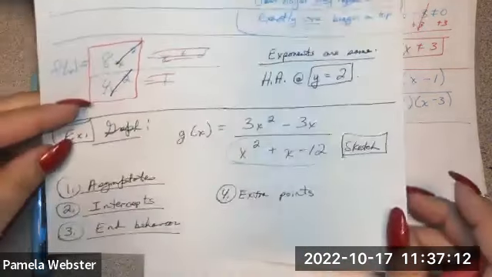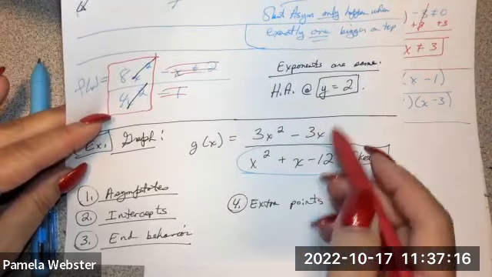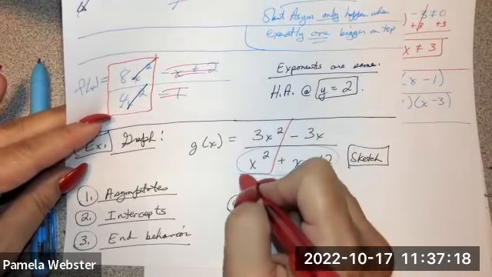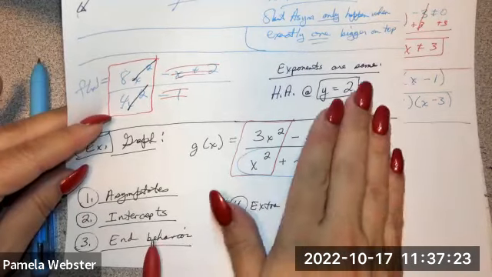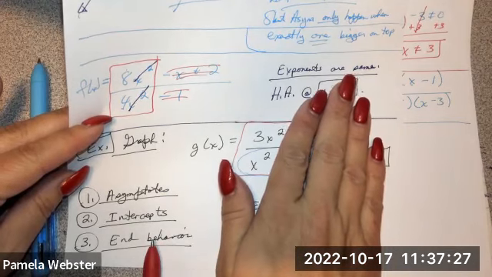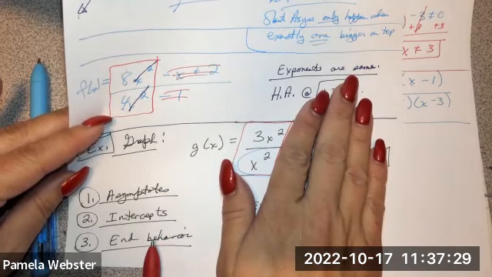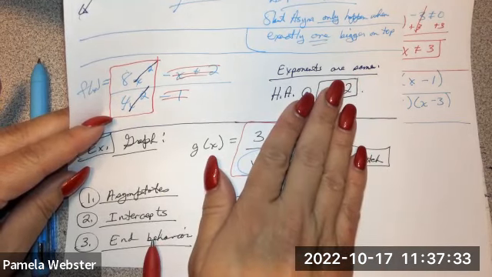Okay, so I'm going back to the original. Here it is. I don't care about the stuff in the back. I care about my leading terms. 3x squared over x squared is what I've got. So I'm going to cover that stuff up. And I look at that and I go, hey, they have the same exponent, right? So when I see they have the same exponent, that means those will reduce out too.